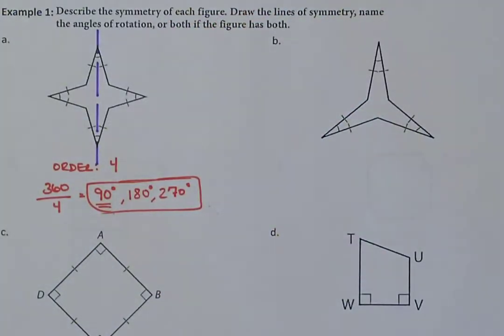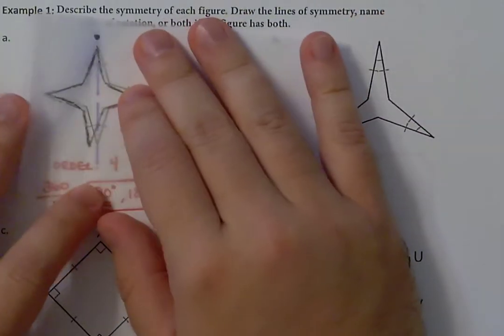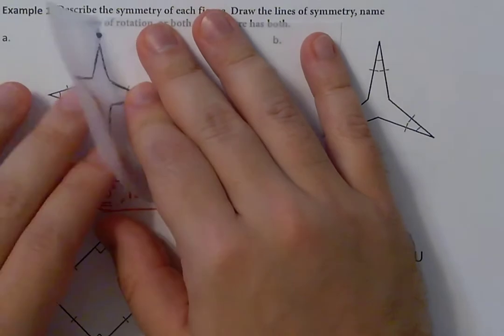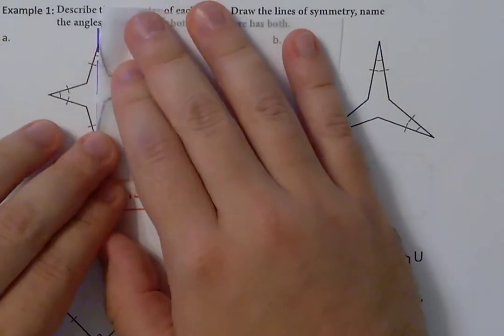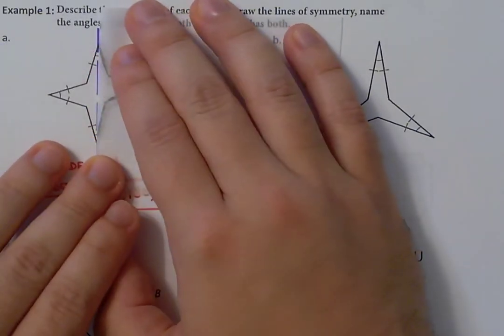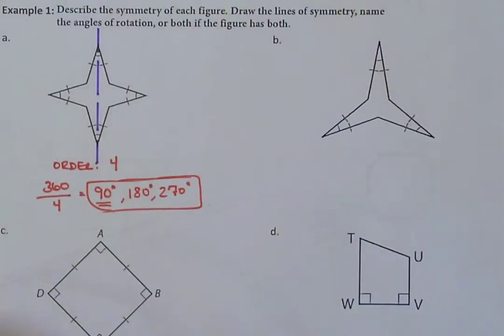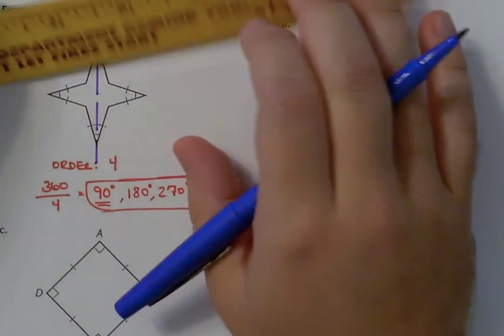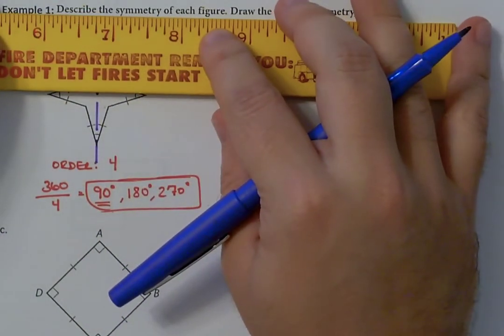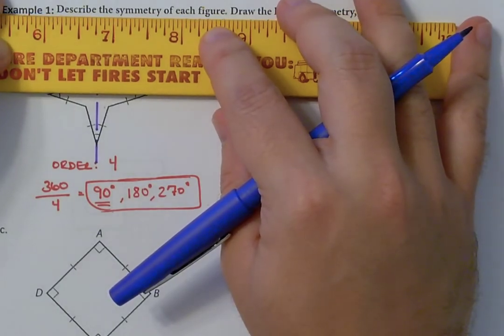Another way is that it would fold onto itself, just like if we were to take the parchment paper. If I fold over that line, it's going to line up with the other half. And that's what we are going to be doing for this. All right, so that is one line of symmetry. Another one is that I can go through the middle, left to right.